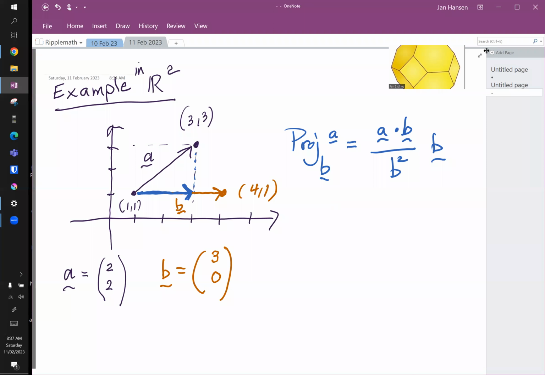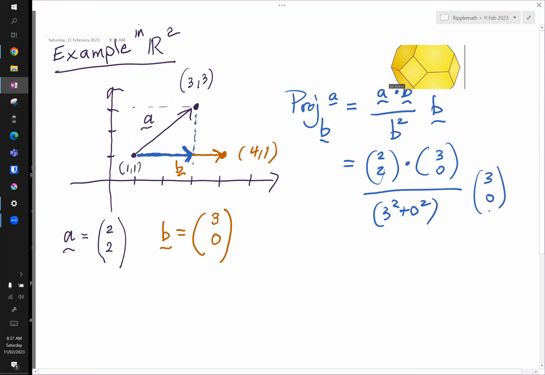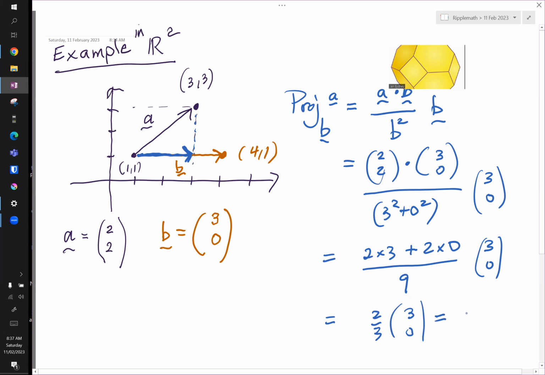So A is 2, 2, dot it with B, which is 3, 0, over the square root of 3 squared plus 0 squared, squared, in the direction of B. It's 2 times 3, because that's the dot product, plus 2 times 0, over 9, in the direction 3, 0. Let's work that out. That's 6 over 9, that's 2 over 3 times 3, 0, and you multiply in, so that's 2, 0 as promised.